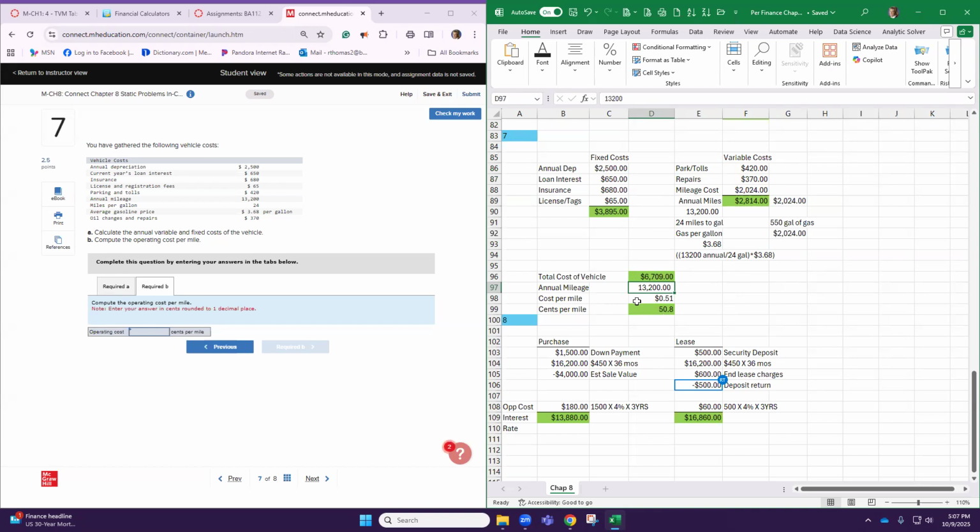Now we're going to take it and divide by the annual mileage, so that the cost of this vehicle per mile is 51 cents. 51 cents per mile. So we want to put it in as cents with one decimal place.